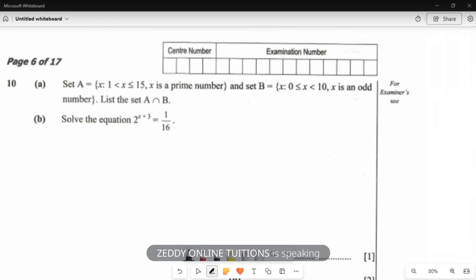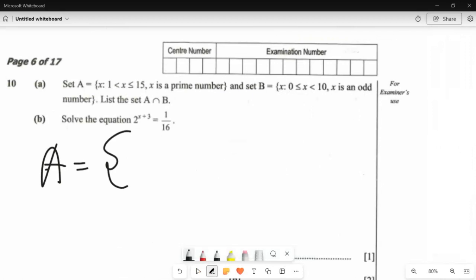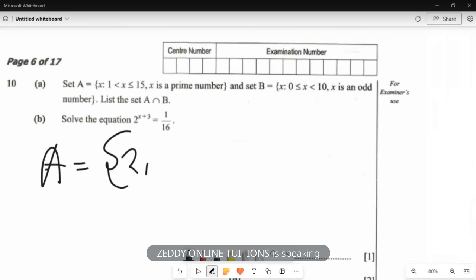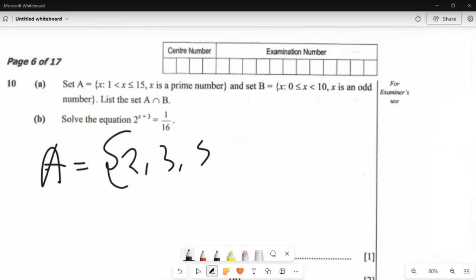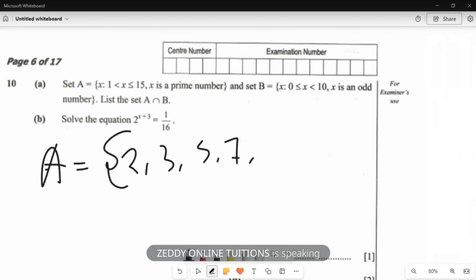Okay, so we are going to list set A, which are the prime numbers between 1 and 15. Just somebody shout them for me real quick. 2, yes. 3, yes. 5, yes. 7, yes. 11, yes. 13.